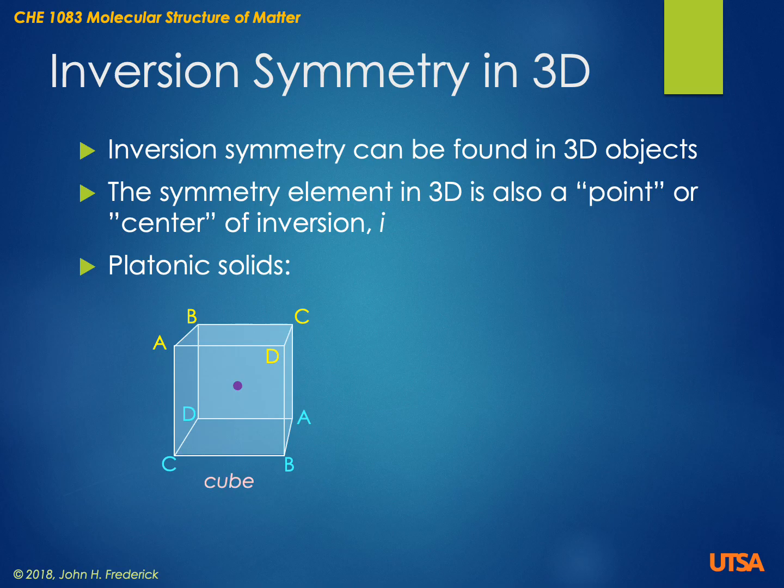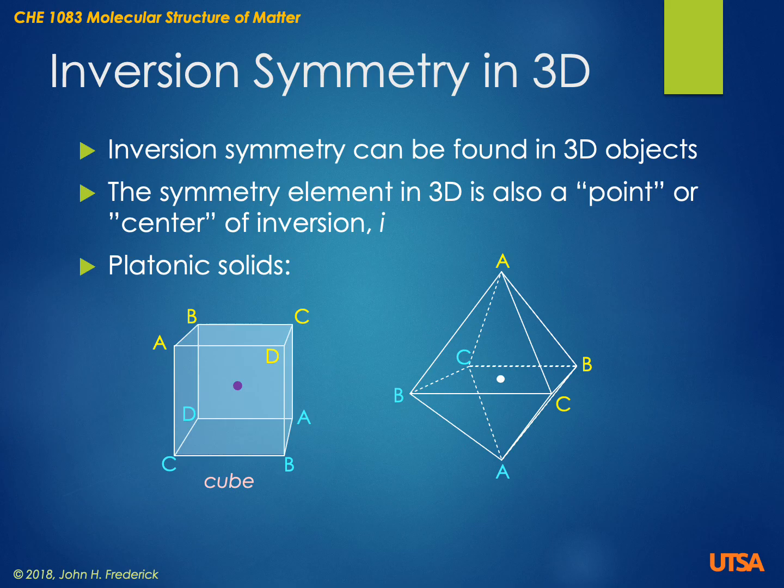In this case, we've labeled the vertices so that the two A labels connect points that are inversion opposites of one another, as are the B's, the C's, and the D's, all of them inverted through the center of the object. An octahedron similarly has this, and again we've labeled the vertices of the octahedron so that the two A's represent inversion symmetry related points. The two C's represent that, as do the two B's.